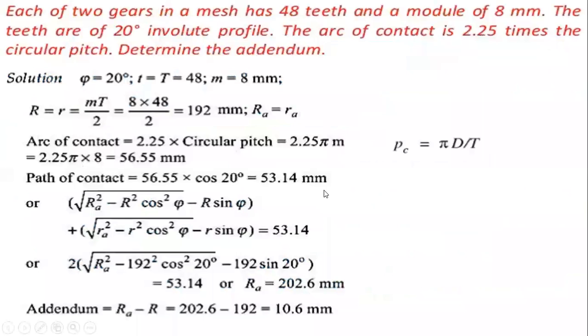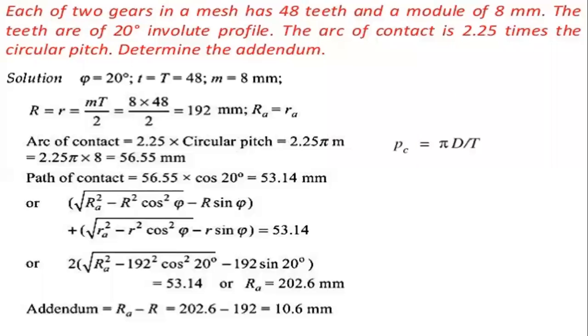Then we are going to take a simple problem on it. Each of the two gears in mesh has 48 teeth and a module of 8 mm. So the module m is given as 8 mm, and the number of teeth in mesh is 48, taken as capital T or small t.